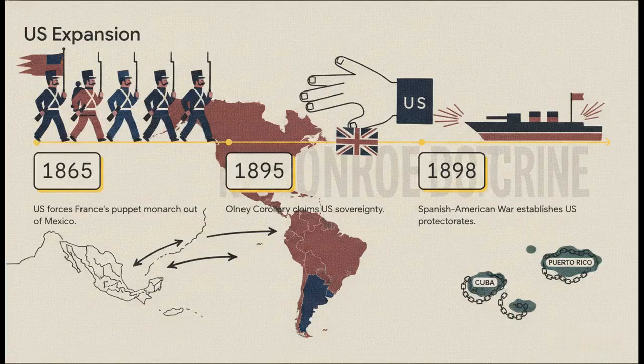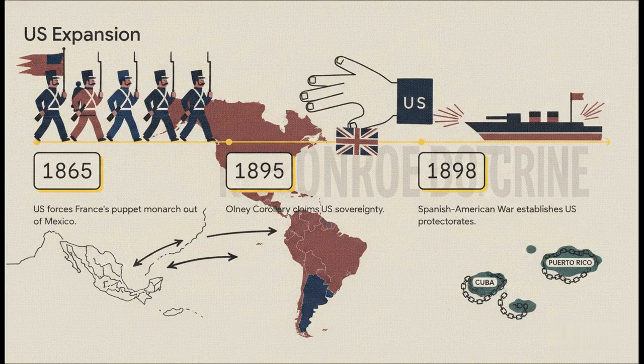As we roll into the late 19th and early 20th centuries, we see the doctrine's major plot twist. The United States was rapidly industrializing, its navy was finally growing, and its ambitions were seriously expanding, transforming it into a formidable world power. In 1865, the U.S. confidently amassed troops at the border to essentially force France's puppet monarch out of Mexico.